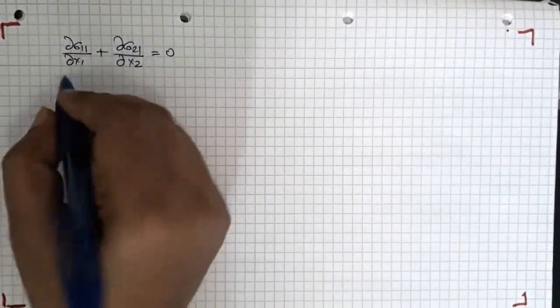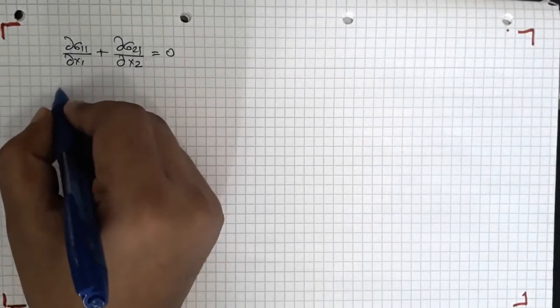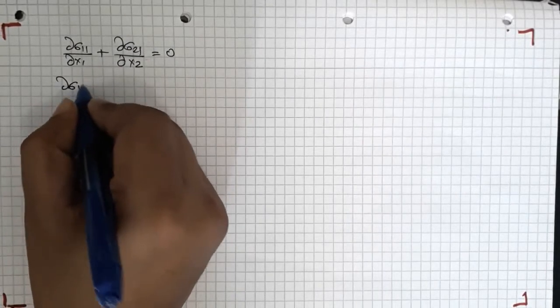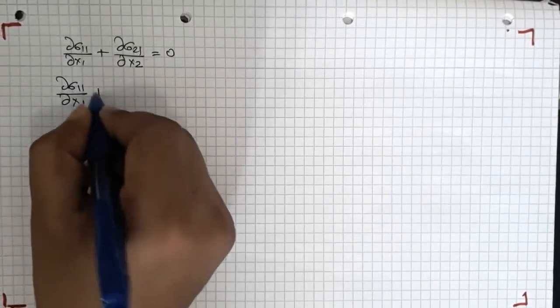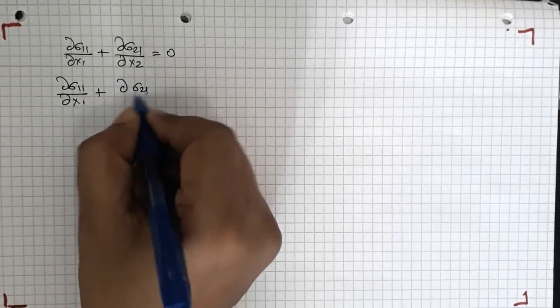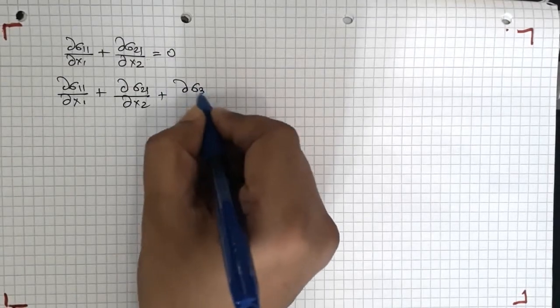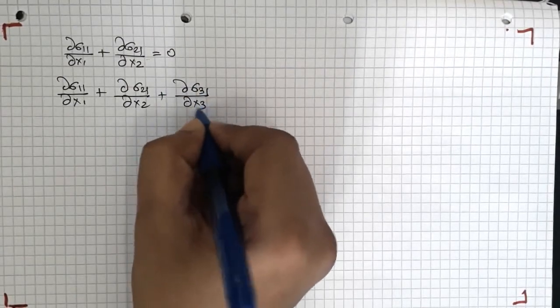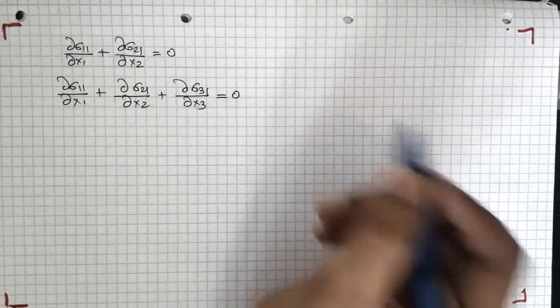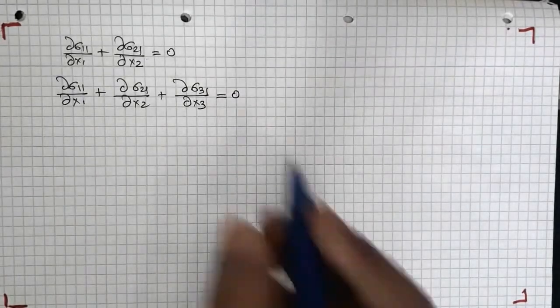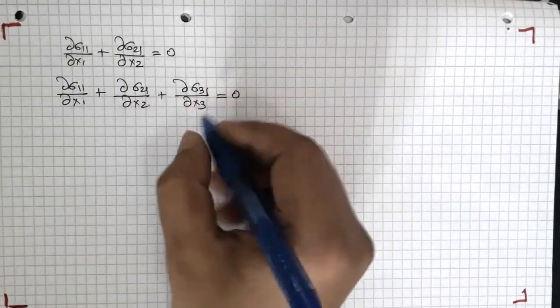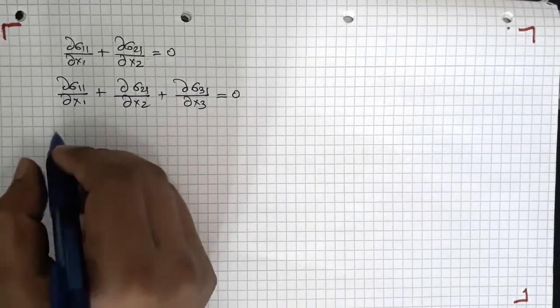If you have the third dimension also, then we will have this equation. So we will have another term here, which will be del sigma 21 by del x2 plus del sigma 31 by del x3 equals 0, right? So this equation appears because we are doing force balance in x1 direction.